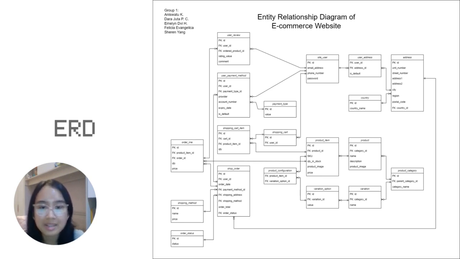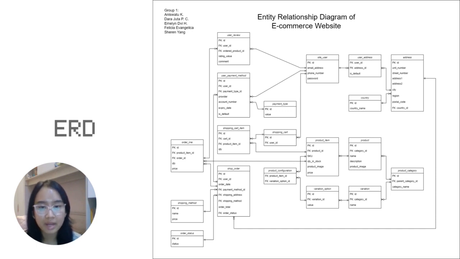Now we move on to address. It's a list of all the addresses entered into the system which are used to deliver orders. It contains ID as PK, unit number, street number, two address lines, address 1 and address 2, city, region, postal code, as well as country ID. It has two relationships that haven't been mentioned before. First is with the country table. The country in the address comes from this table.